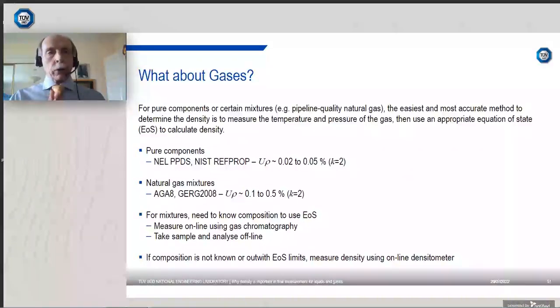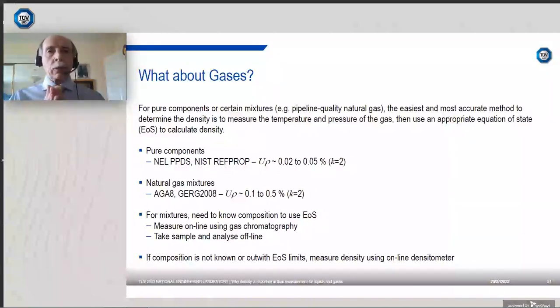For mixtures, though, of course, you do need to know the composition. The AGA-8 and the GERG equations both allow mixtures with up to 21 defined components, the quantities of each of which have to be known. Typically, you could measure these online using gas chromatography, or take samples and analyze offline using offline chromatographs or other techniques.